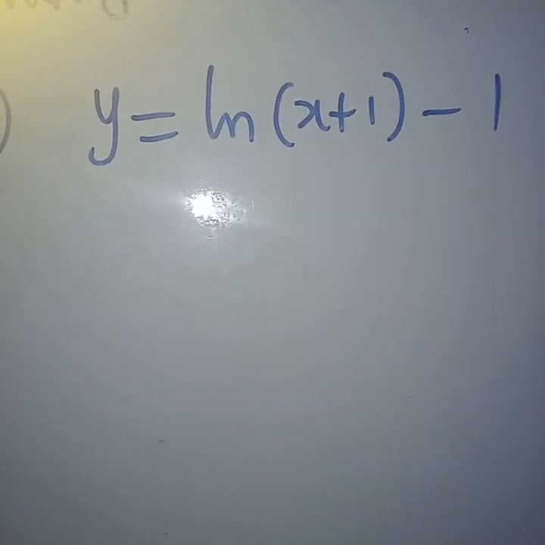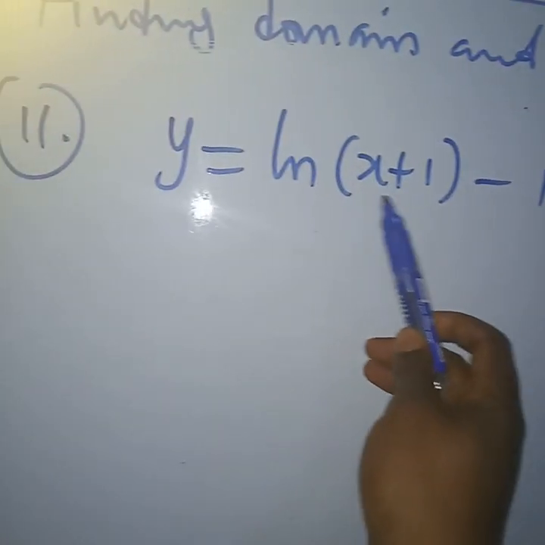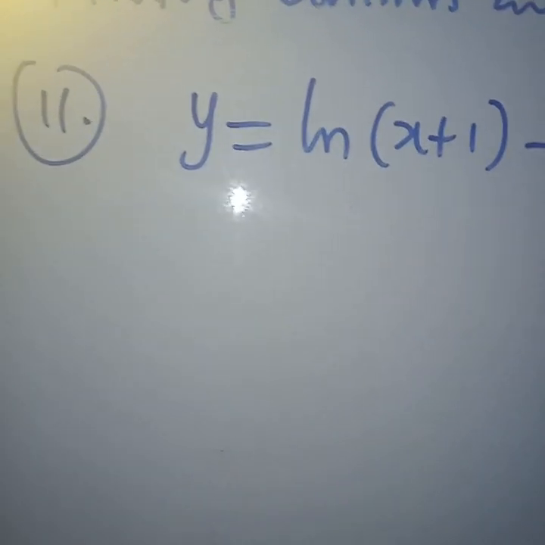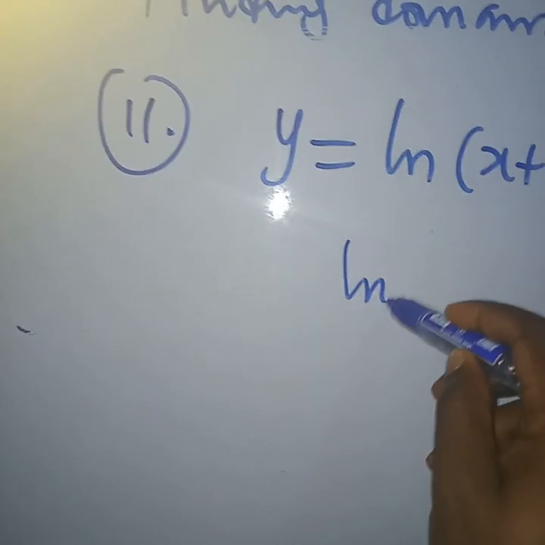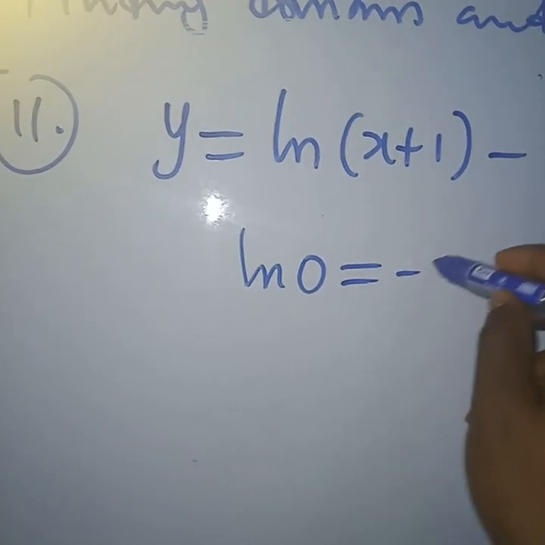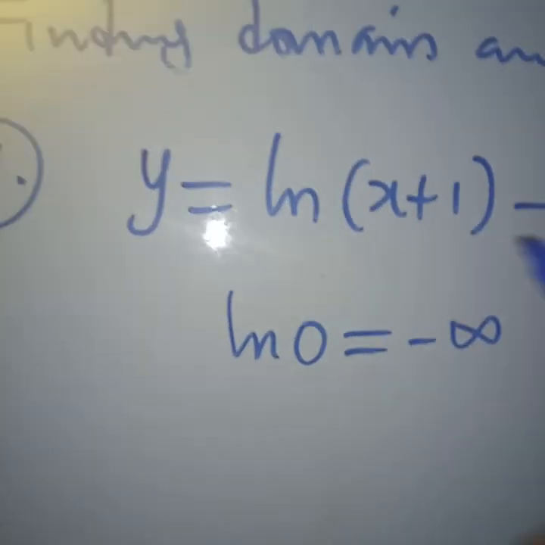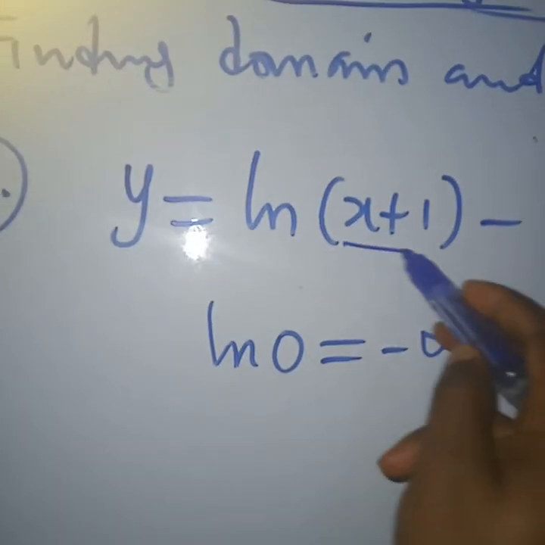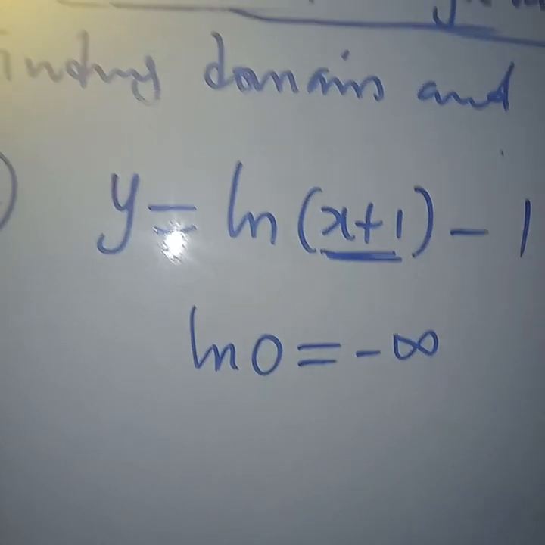Again, whatever will be inside the ln must be greater than 0, since the ln of 0 is undefined, or is negative infinity which is undefined. So any term that is here must be a number greater than 0.